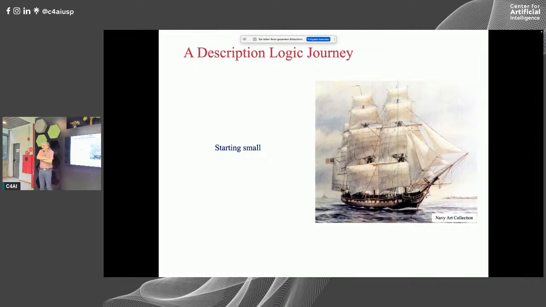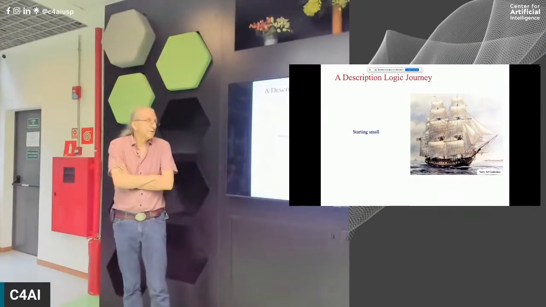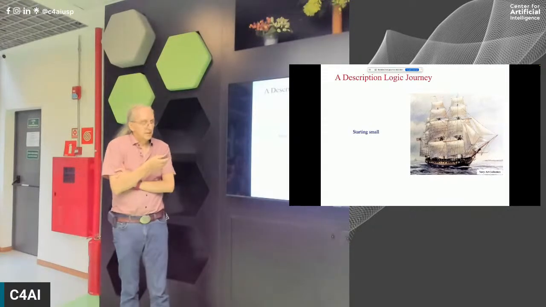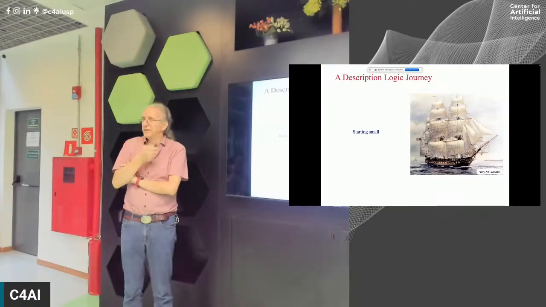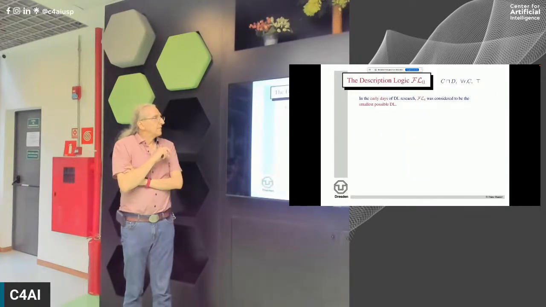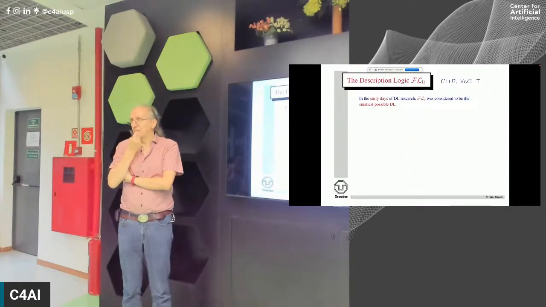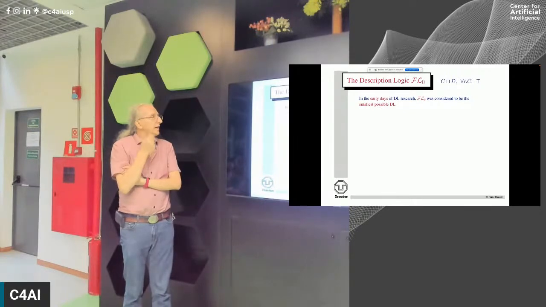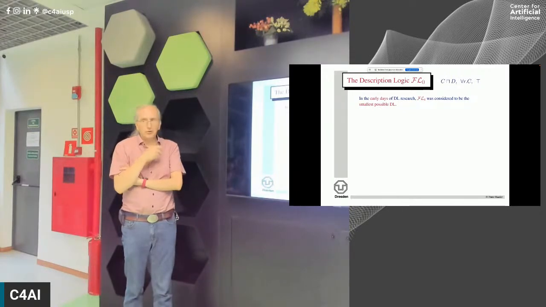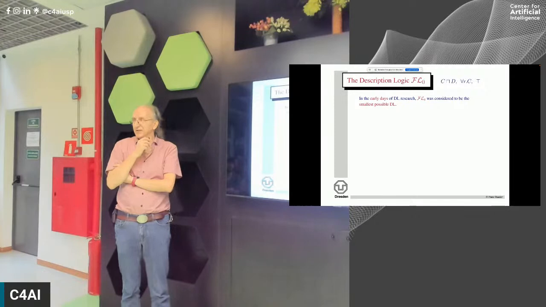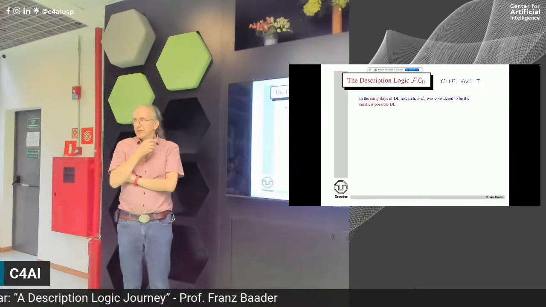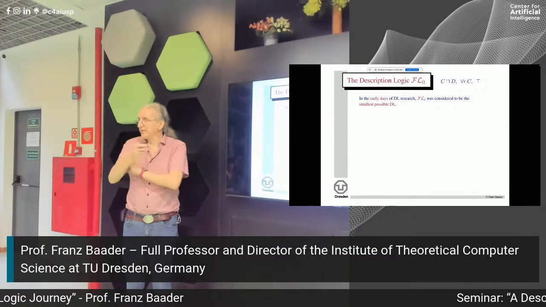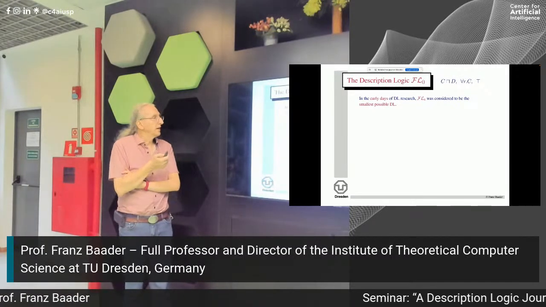Now, of course, in the beginning, you should start small. So when we now start our journey, we now know what description logics are and what the major concern is. So let's start very small. A description logic that for historical reasons is called FL0. It has conjunction, value restriction, and top. So it's a sub-language of ALC that we have seen.